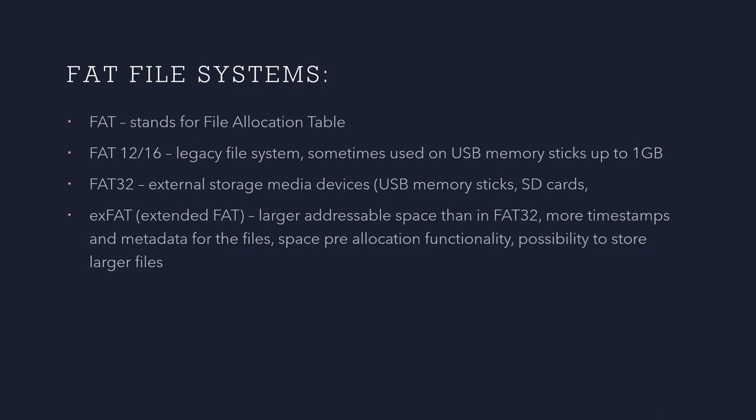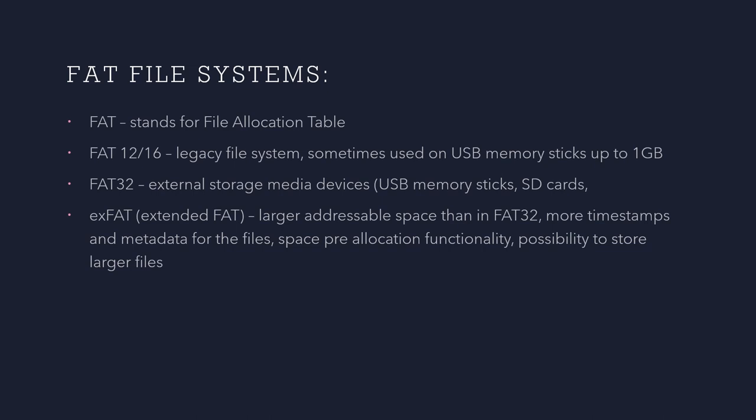And the newest file system in this FAT file system family is extended FAT, or exFAT, which is a bit more advanced in comparison with FAT32. It has a larger addressable space than FAT32, which means that you can format larger volumes with this file system.